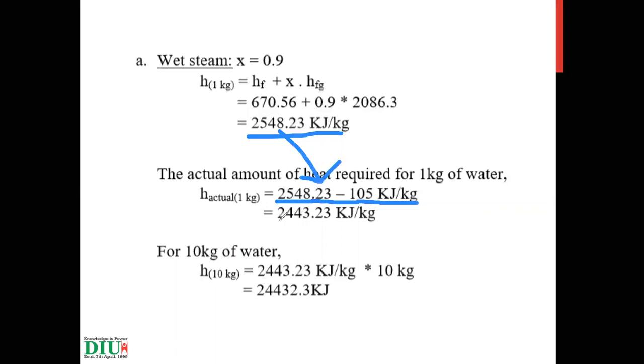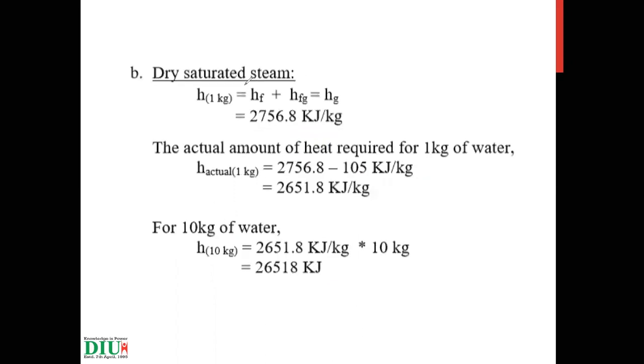So this is actually for 1 kg, but remember our question has given 10 kg, isn't it? So finally we just multiply with the 10 kg and we get our total amount of heat required for that wet steam. Okay, in a similar fashion, for the dry steam, you know that the equation is hf plus hfg.